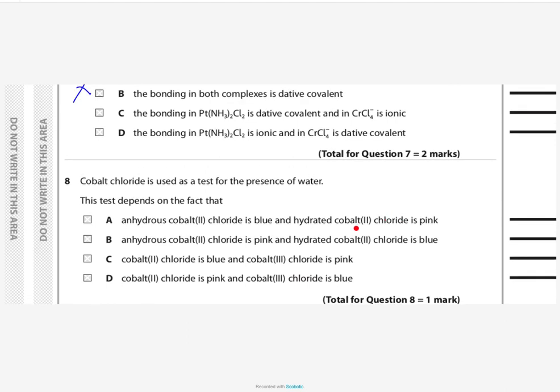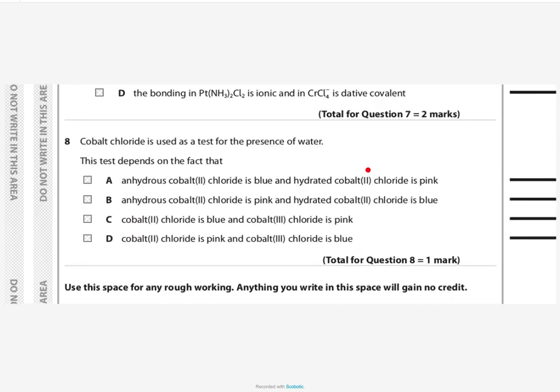Cobalt chloride is used to test for the presence of water. We know this is a ligand exchange reaction. When the chloride ligands are replaced by aqua ligands, the water ligands, the color changes from blue to pink. That happens, but the reason why the color changes is because the ligands are exchanged.